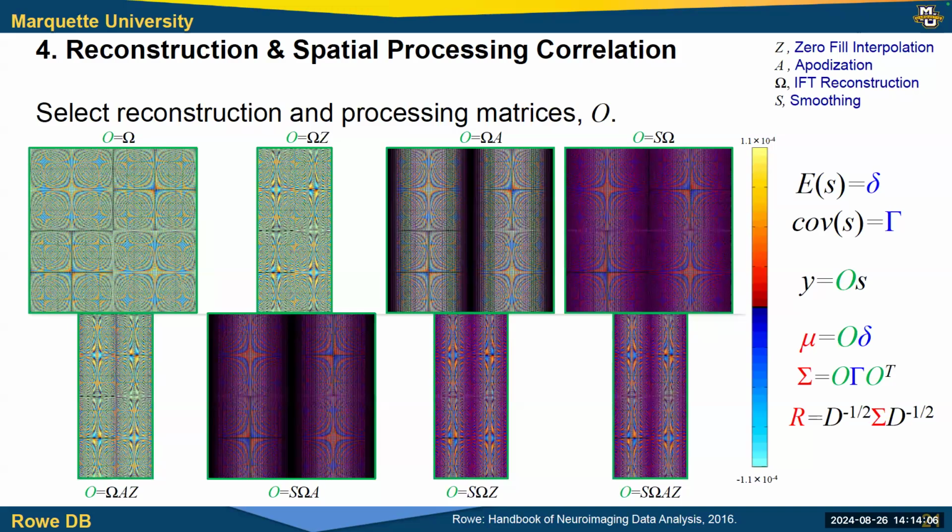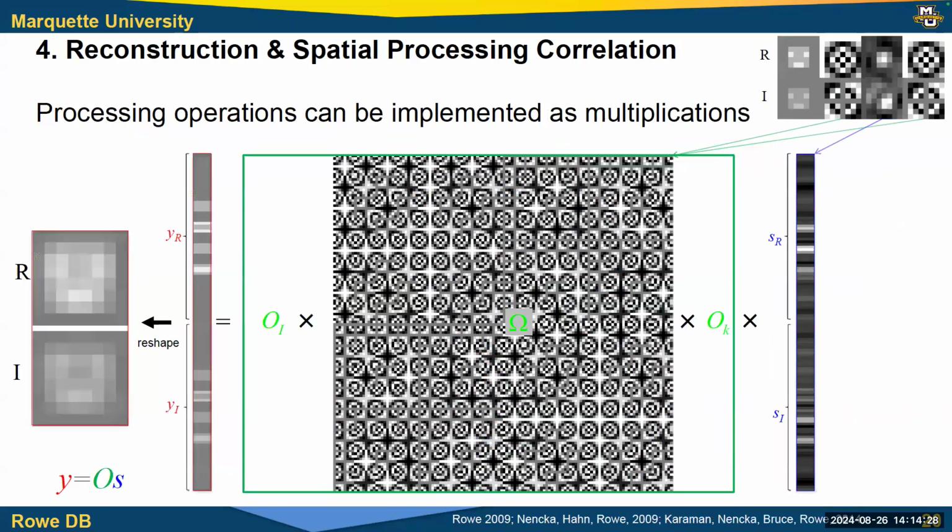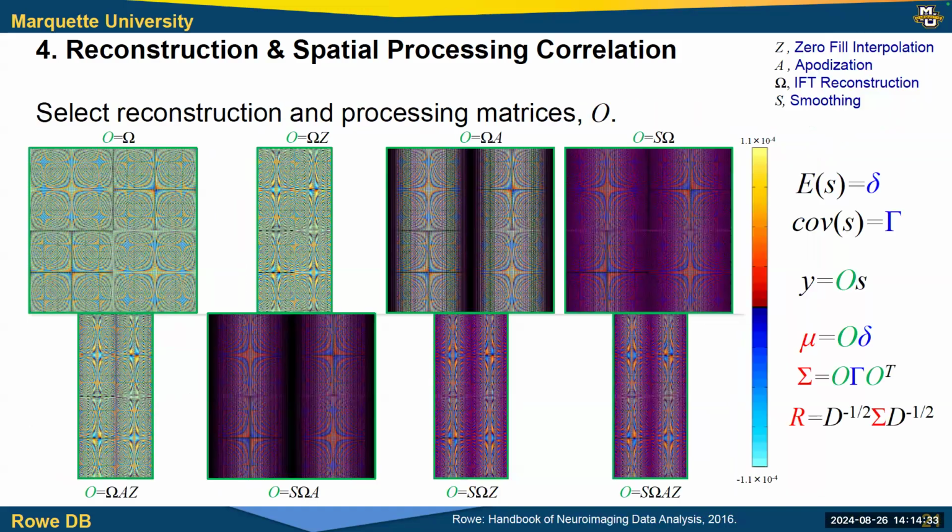Okay? So a while ago, I looked at several different processes. Here's an example of zero filling, apodization, which is a smoothing in K-space to get rid of Gibbs ringing, inverse Fourier transform, which I've colorized here, just that same matrix, and smoothing. And when you concatenate them all together, of this series of matrices, you can see what they look like. They're all on the same color wash scale.